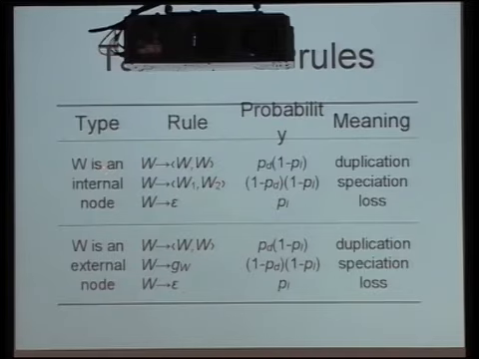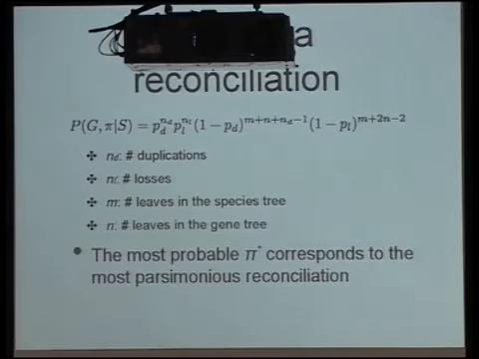If W is an internal node, basically if duplication, speciation, or gene loss, we have this probability. PD means the duplication probability, and PL the loss probability. If we use the same PD and PL across the whole species tree, we can calculate this probability, where G means gene tree, pi means a derivation or a tree reconciliation, and S means species tree.